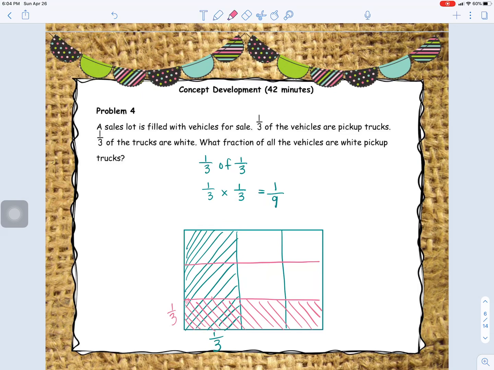So the part that's double shaded should show 1/9. So 1/9 of all the vehicles are white pickup trucks.